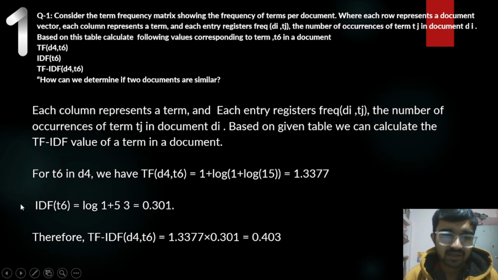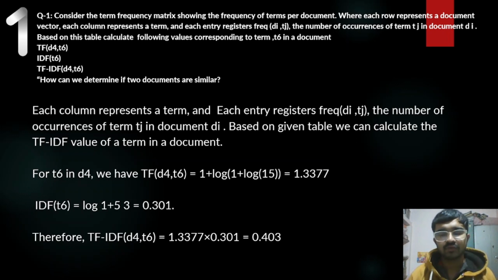In this way we have calculated the IDF of T6, and at last to calculate the TF-IDF of D4 T6 we multiply both of these terms and we get our answer, 0.403. In this way we can complete our first question.